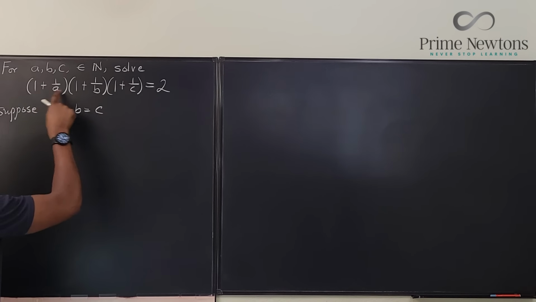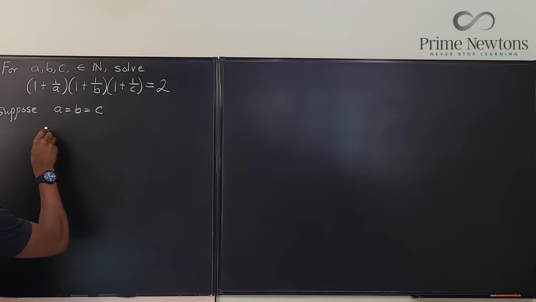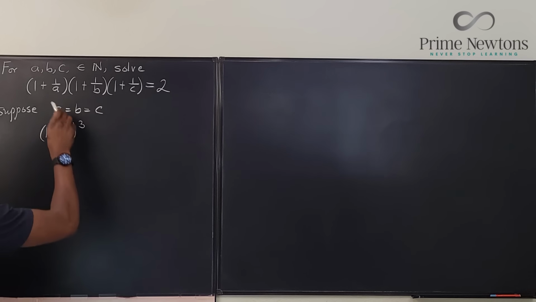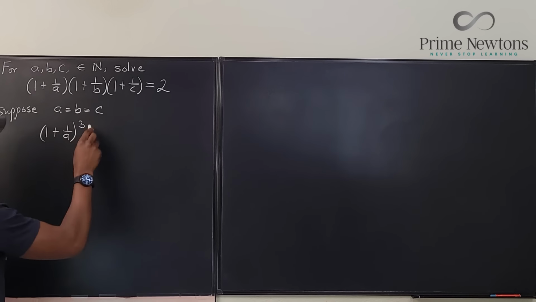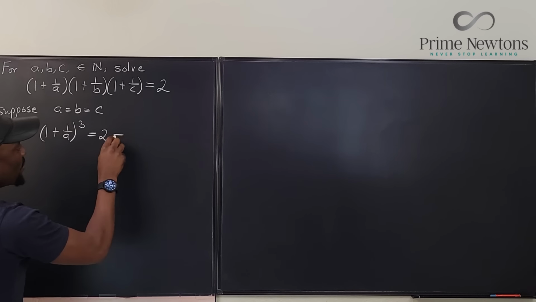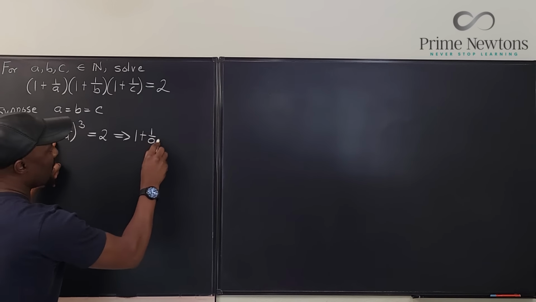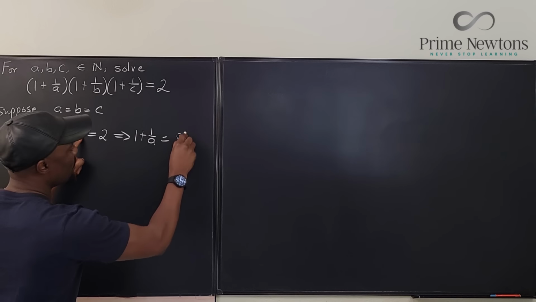So instead of writing this 3 times, we're going to write 1 plus 1 over A, cubed. This times this times this is going to be equal to 2. And what does that mean? It means that 1 plus 1 over A will be equal to the cube root of 2.